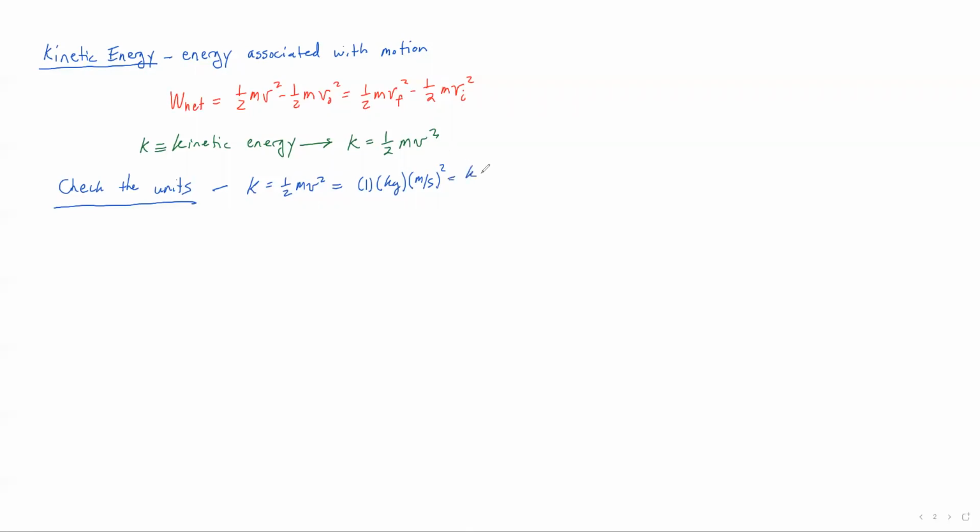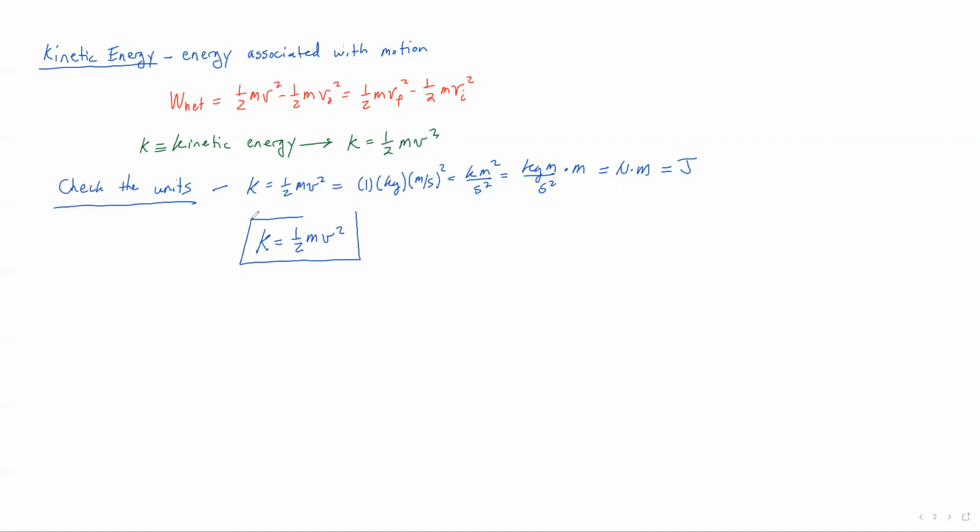I have a kilogram meter squared per second squared, but I can divide this up into a kilogram meter per second squared times a meter. And a kilogram meter per second squared, that's just a Newton. Newton times meter, oh look, it's equal to a joule. So therefore, kinetic energy must also have units of joules, which means that your kinetic energy and work are both types of energy. So we now have the formula K is equal to 1/2 mv squared.